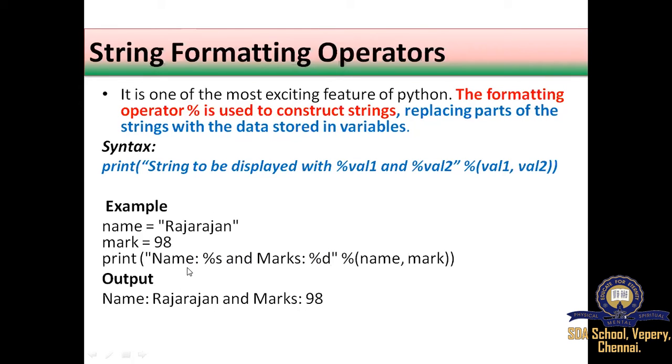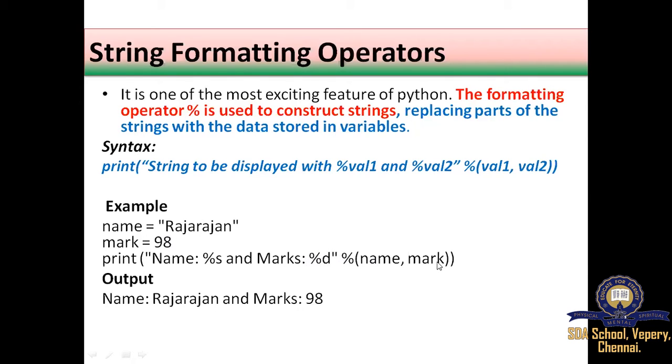So I am going to replace this area with the data stored in name. What is the data stored in name? Rajarajan, which is a string, so they use the formatting string %s. Marks is the variable name, and they are going to print %d. What does %d mean here? They are going to print an integer for marks.